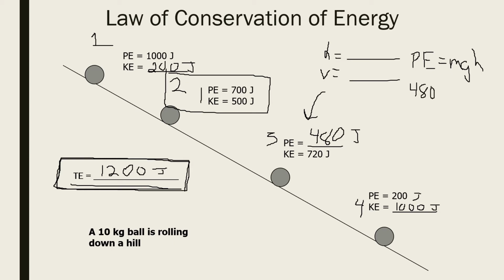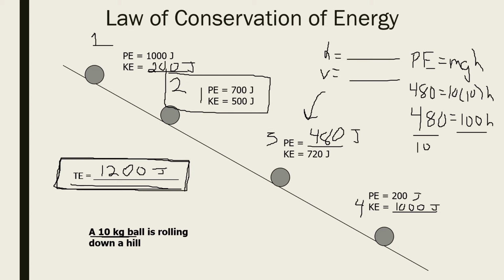What's the mass? Oh, the mass is 10. 10 times 10 times h. 480 equals 100 h. Awesome.